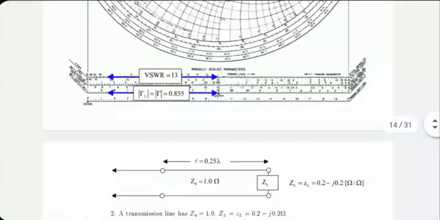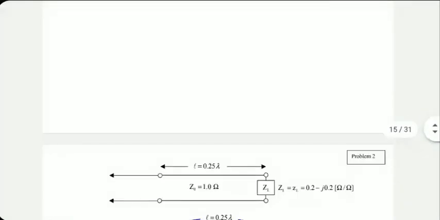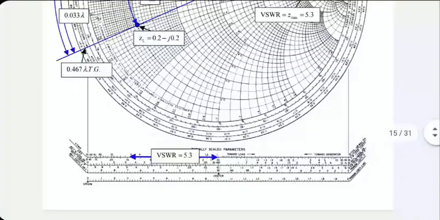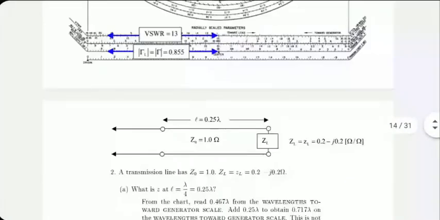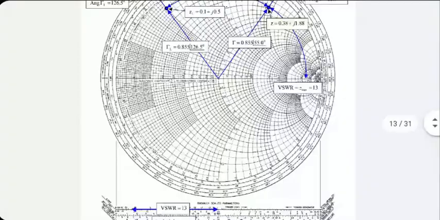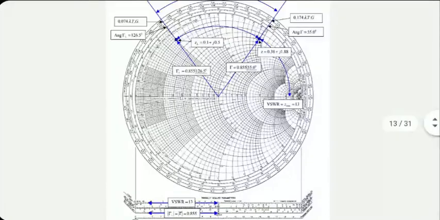There are many more problems here. I don't think you should get too far into this document, although I'll send it to you. You should be able to figure out, essentially speaking, input impedance, reflection coefficient, magnitude and phase at the load end as well as at the generator end, and VSWR for a given lossless line.